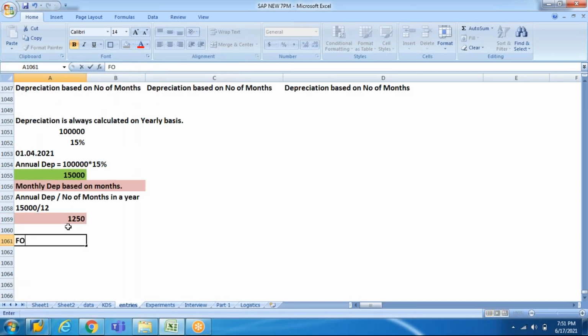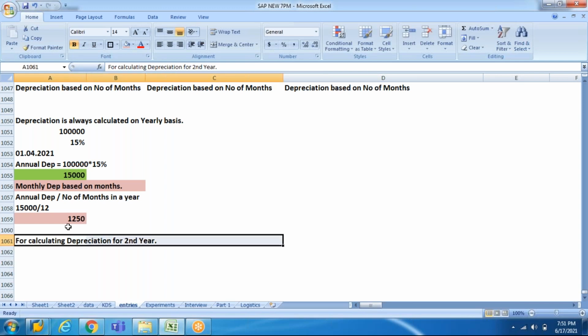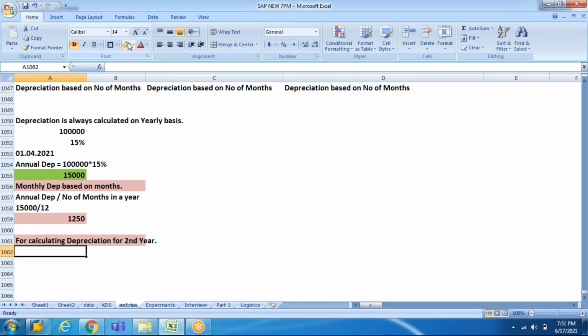So, for calculating depreciation for the second year, you need to understand a few things. One is the original value of the asset.